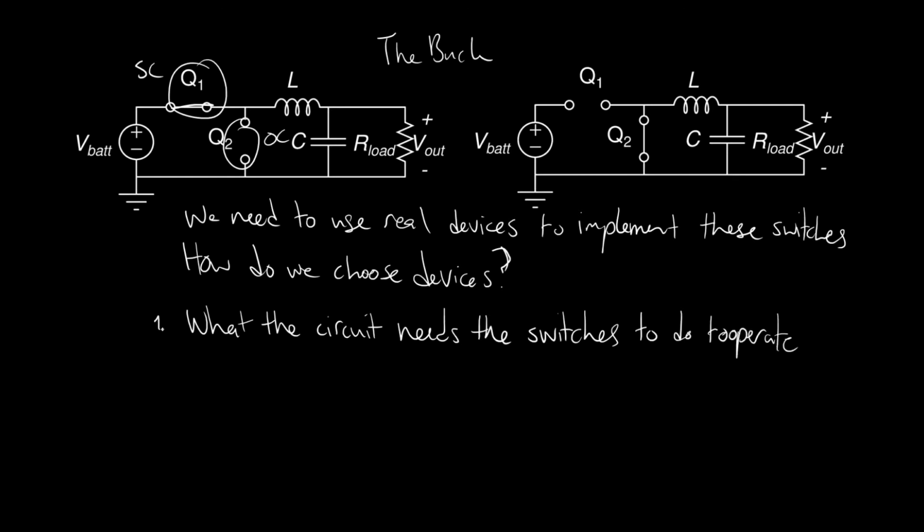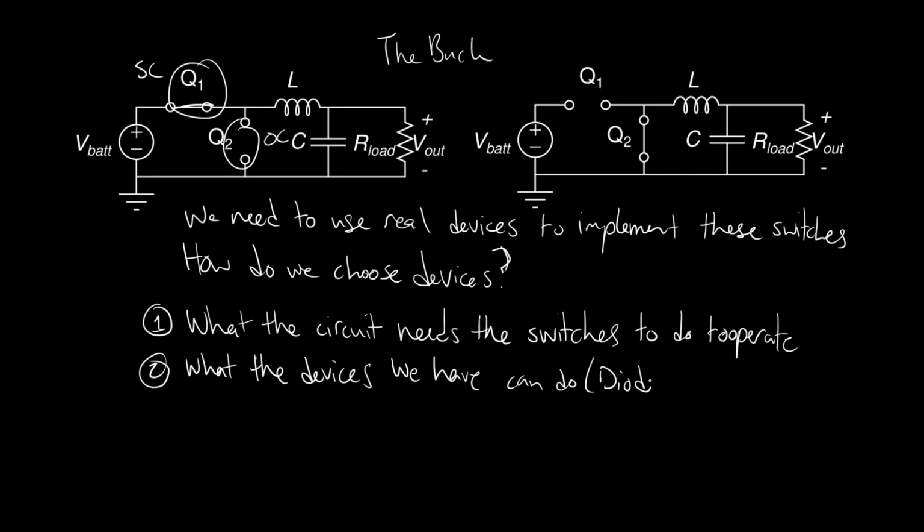That's one bit of it. And two, we're going to look at what the devices we have can do. I'm going to be looking at diodes and MOSFETs, although there are other devices. These are the two primary ones.